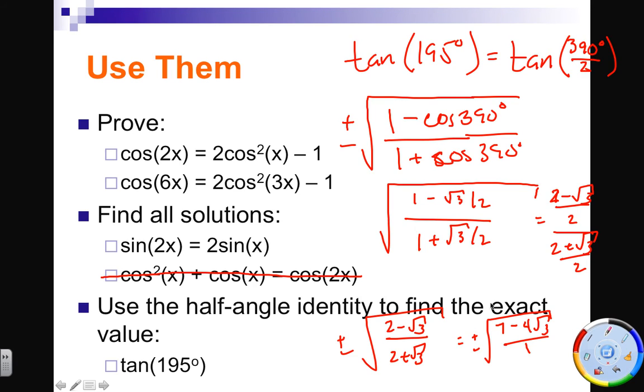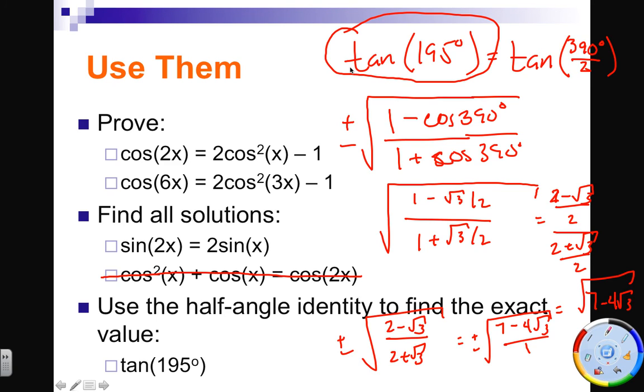And the big thing here is you're going to get plus or minus the square root of 7 minus 4 radical 3, all under a radical, but you have to figure out, is it positive or negative? And here's where you have to come back to the original question. Tangent of 195.